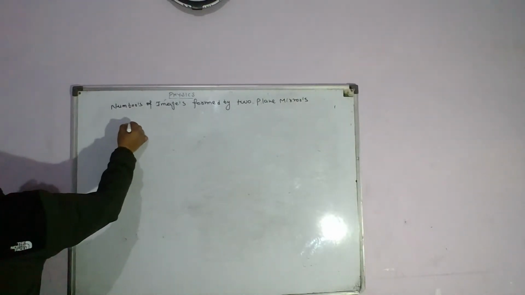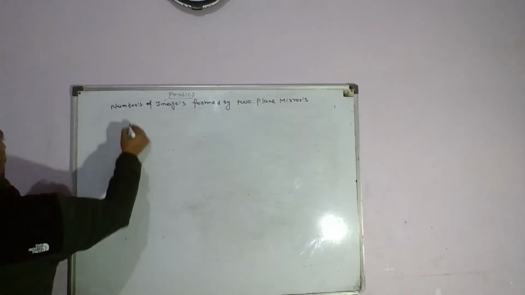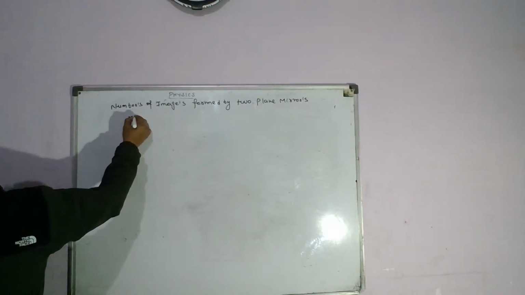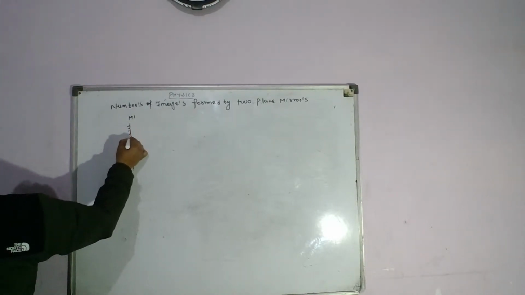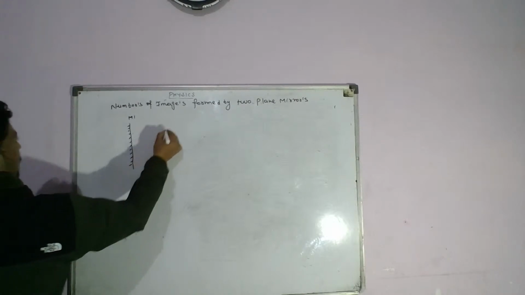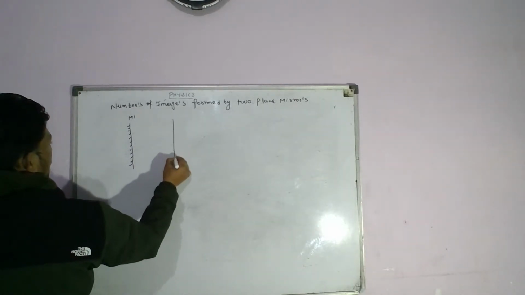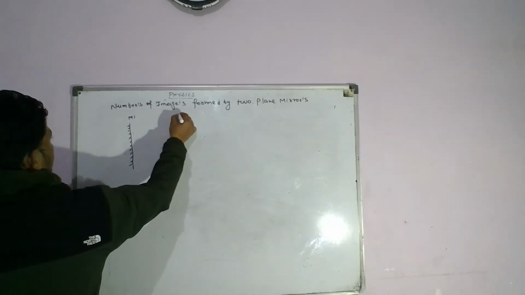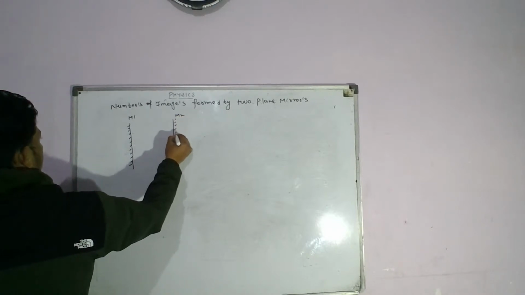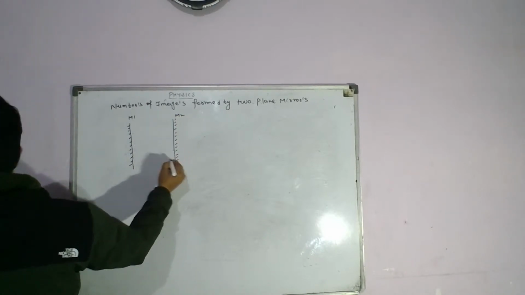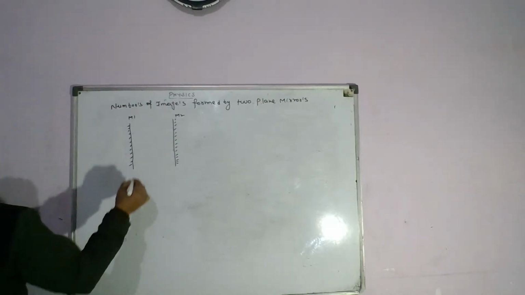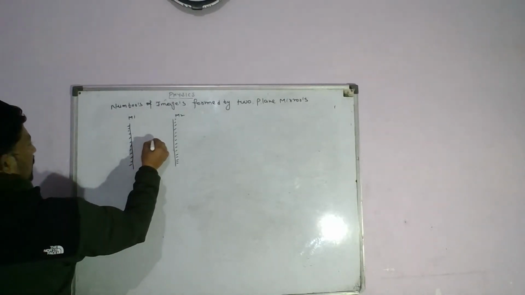Suppose this is your mirror M1, this is your mirror M2. There are two mirrors, and here at the center of these two mirrors an object is placed.